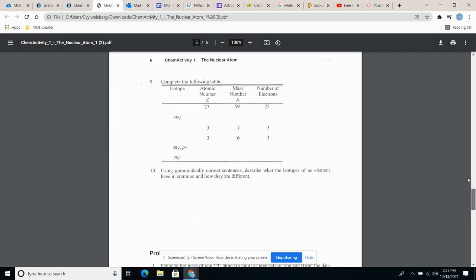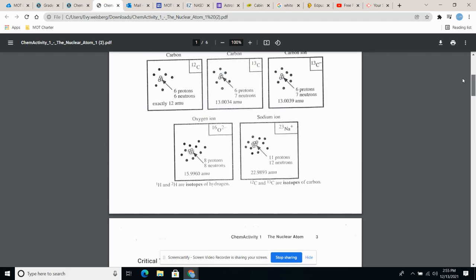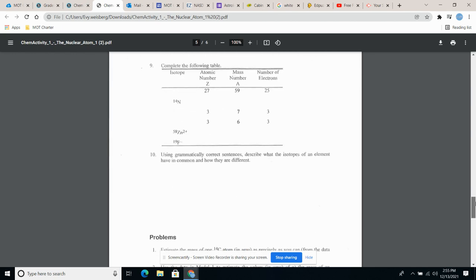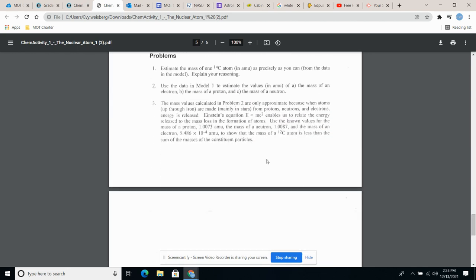And if you do the math and add up how much each of these particles weighs, you're going to find 12.099 AMU for 1 carbon.